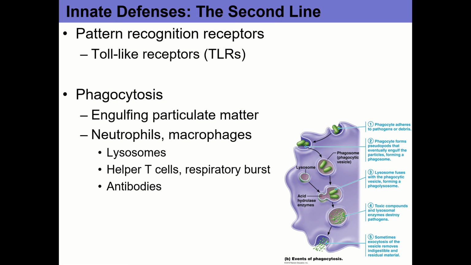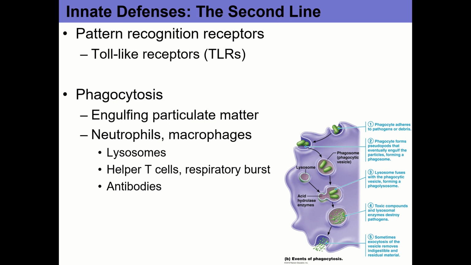And so one of the things that the helper T cells, which are a type of lymphocyte, can do is, from the chemical mediators that they secrete, they can secrete something called cytokines, which are chemical messengers.